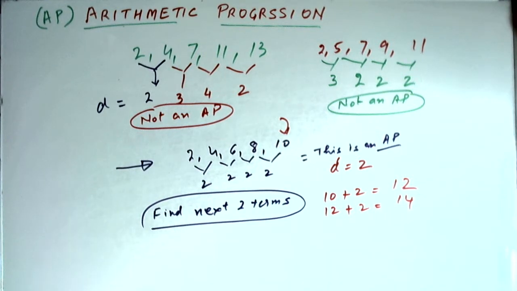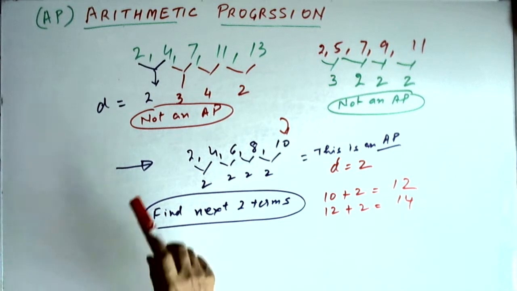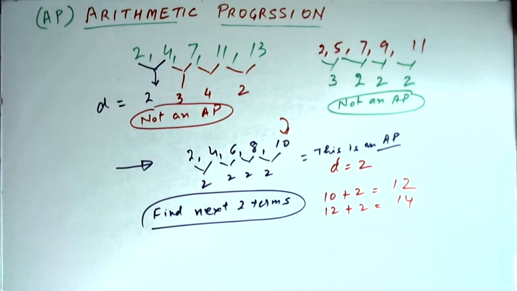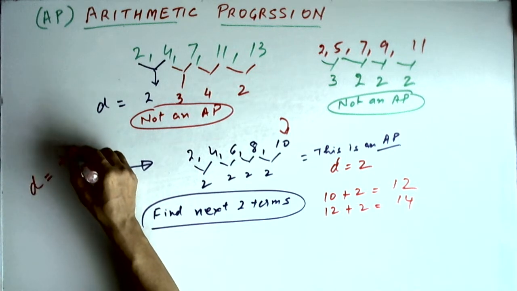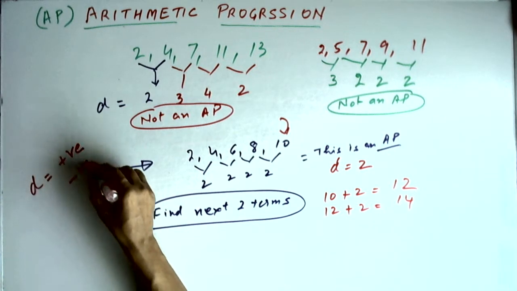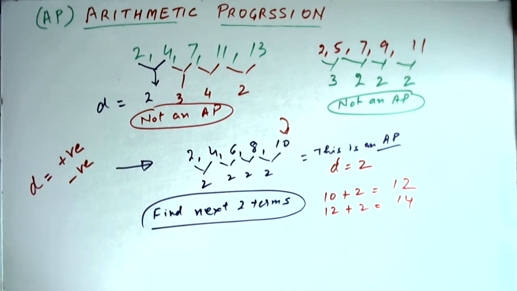Let me share with you one more time that if we have to recognize whether a given series of terms is an arithmetic progression or not, we have to find the difference between the consecutive terms and check whether it is the same or not. And remember, the difference D can be positive, D can be negative, and D can also be 0.